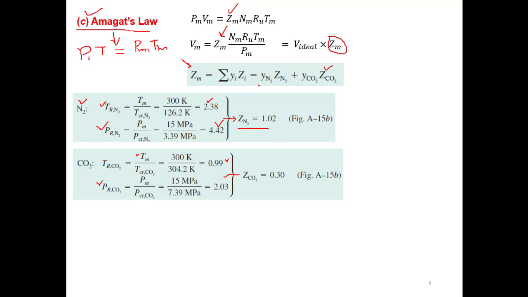We already know the mole fraction of nitrogen and the mole fraction of CO2 that we calculated in part B. Now, if we put in these values, 0.25 times Z nitrogen plus Y CO2 times Z CO2, we have 0.48.